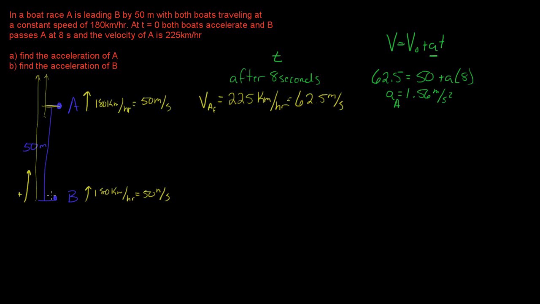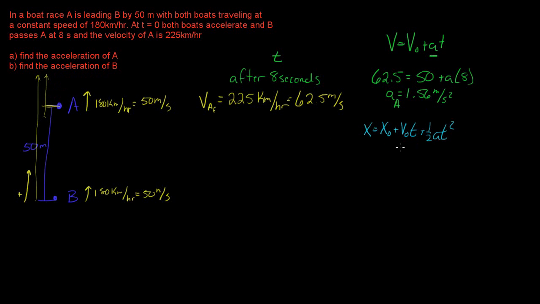So we know B is going to move 50 meters plus whatever distance A moves in 8 seconds. So we can look at another kinematic equation, and we know that the final position is equal to an initial position plus an initial velocity times time plus 1/2 acceleration times time squared. And this is still for boat A because we're trying to figure out how far it moved.